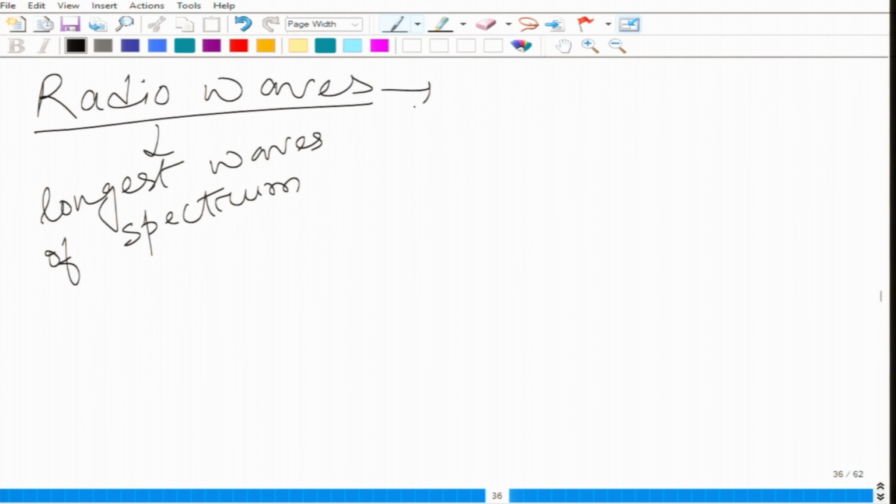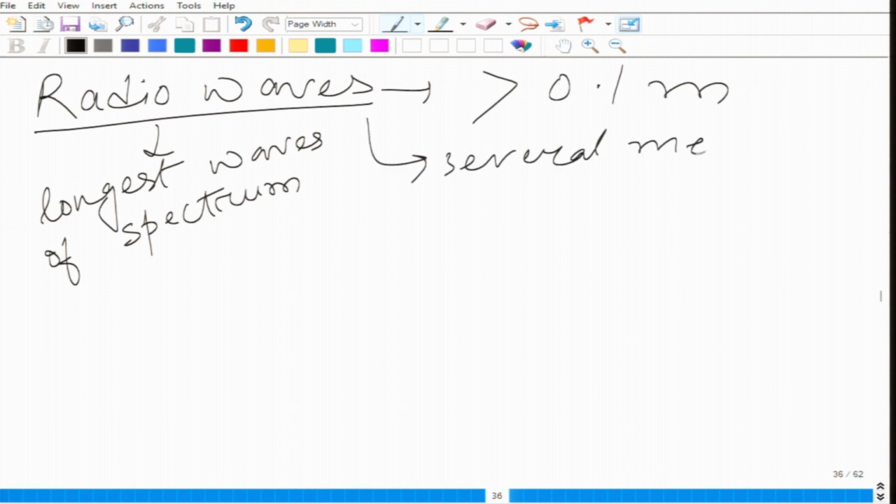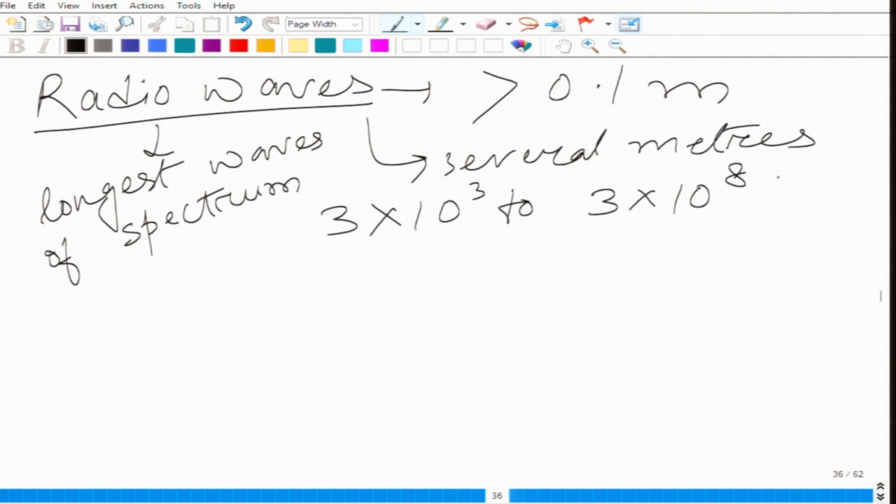Radio waves have a wavelength greater than 0.1 meter and can extend up to several meters. Their frequency range is from 3 into 10 to the power 3 to 3 into 10 to the power 8 Hz. So they also have the smallest frequencies.